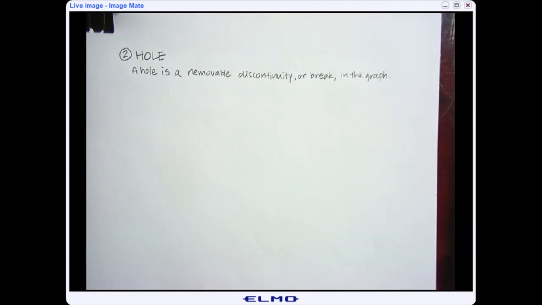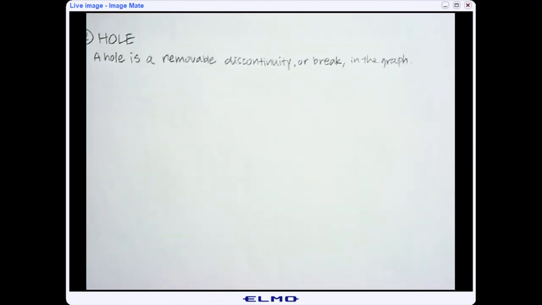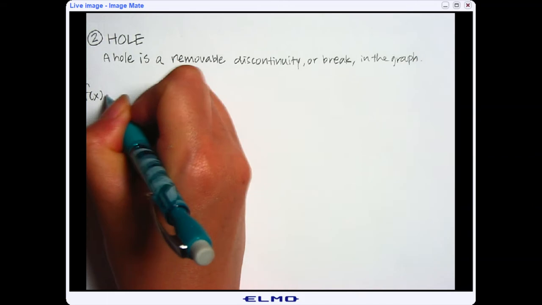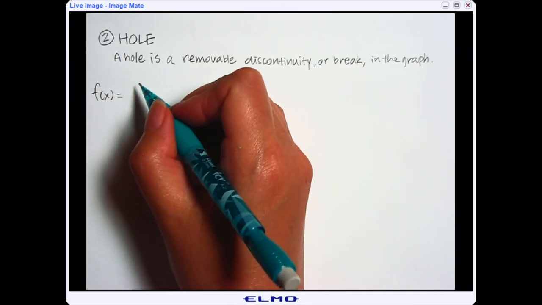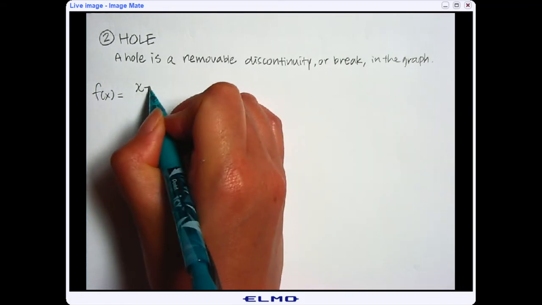Then let's start from this example. f of x is now, it takes a little bit more complicated structure. The numerator is x minus 2.